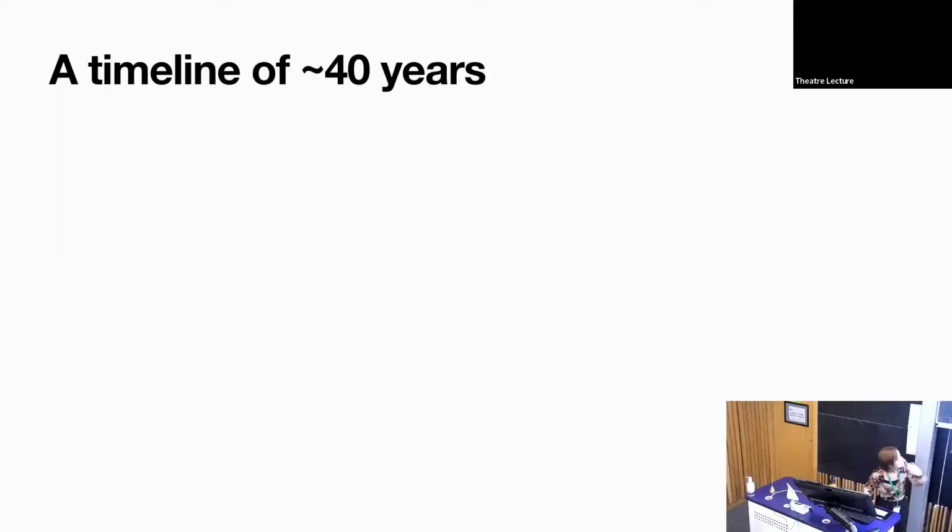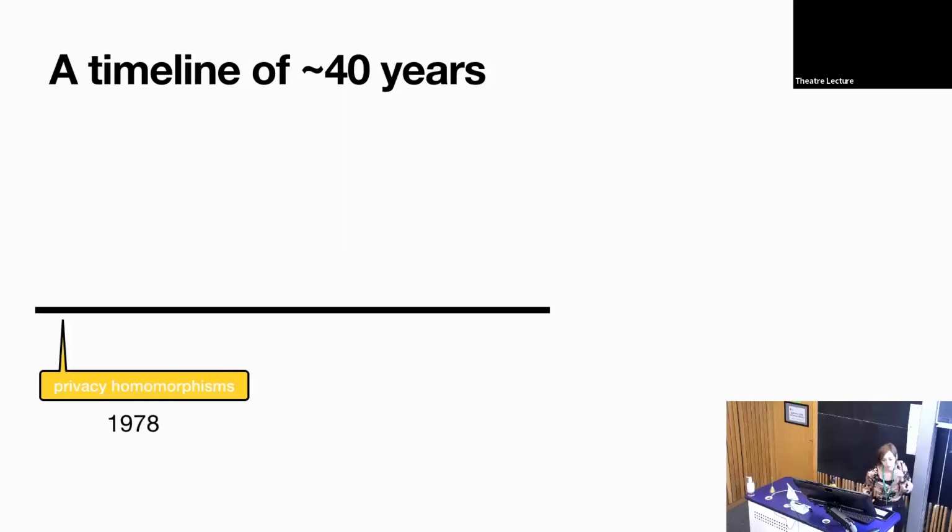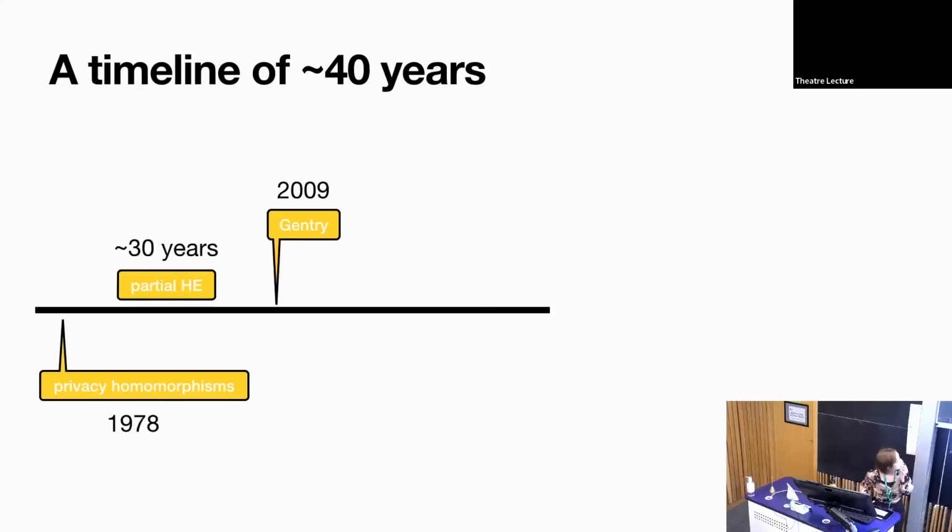Okay, so this slide is just a summary. I think I still have a bit of time. So again, to summarize, in 78, the initial idea. In 2009, the first fully homomorphic encryption solution with bootstrapping by Gentry. And after this solution was proposed, research started producing so many things.